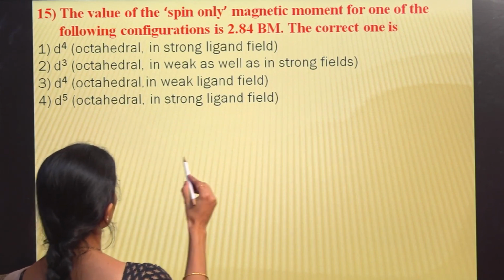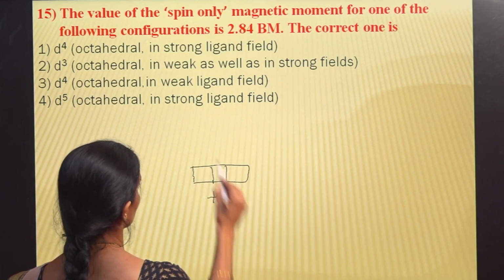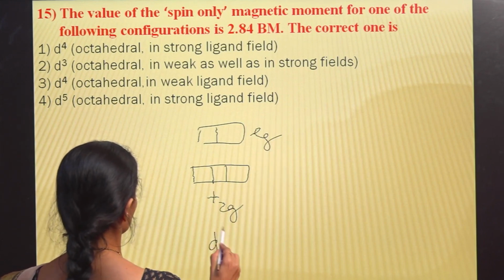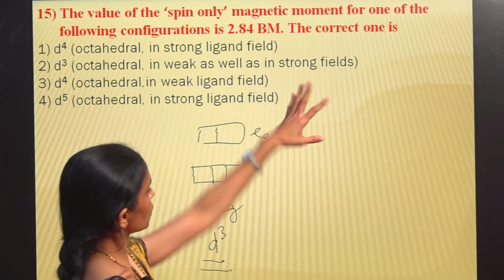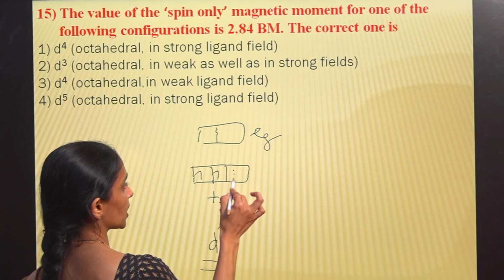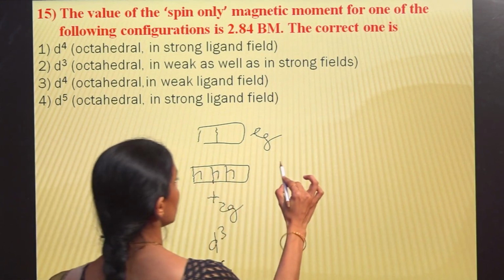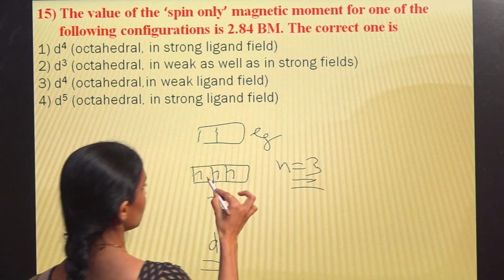Let's check for the d3 system. For a d3 system, weak or strong field is immaterial. Since there are 3 electrons, whether weak or strong field, they arrange the same way. Here the value of n is 3, 3 unpaired electrons.